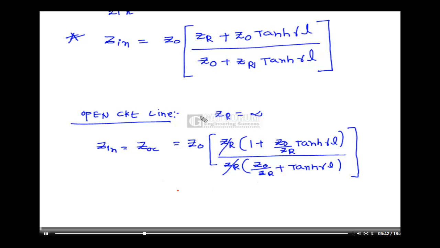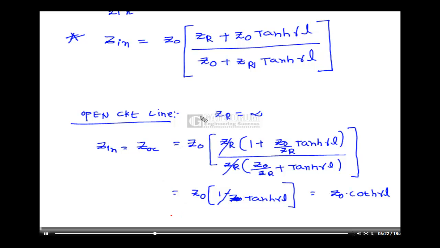So the only remaining thing is Z0 into 1 plus 0 by tanh gamma L. So that is Z0 into 1 by tanh gamma L.